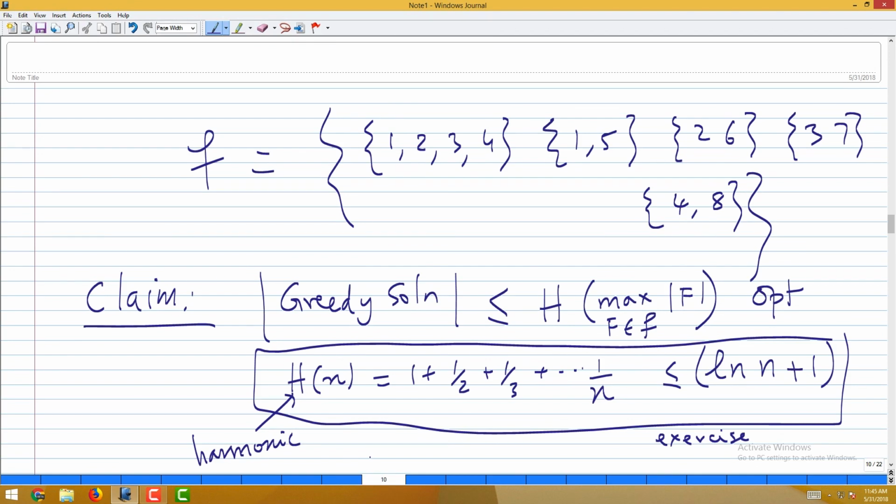Okay, so here is the thing we proved. What we proved is the solution produced by the greedy is at most harmonic of the maximum of the cardinality of the sets times opt. So the ratio would be this.